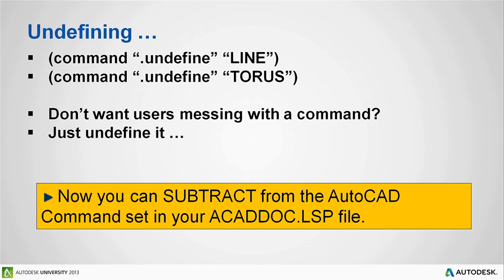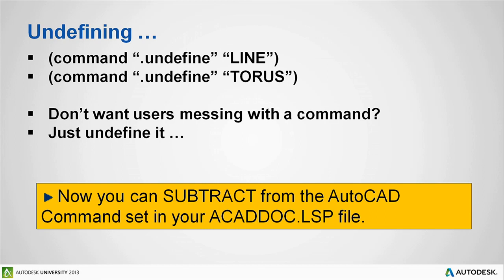When I undefine a command, like line, the user types in line, what happens? Nothing. The user types in L, which is short for line, what happens? Nothing. User hits a toolbar with the line command behind it. Nothing. They hit a ribbon element. Nothing. It is just as if it vanished. Gone.